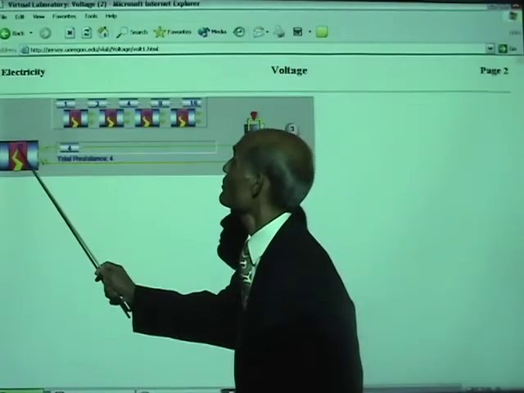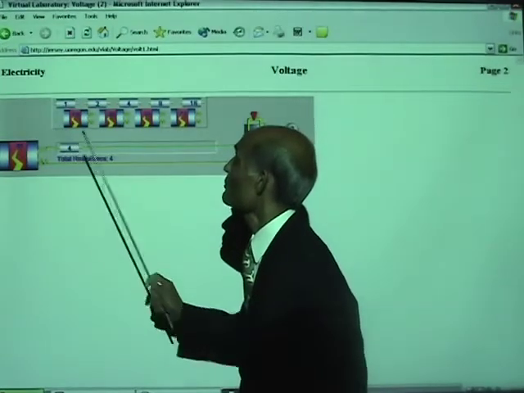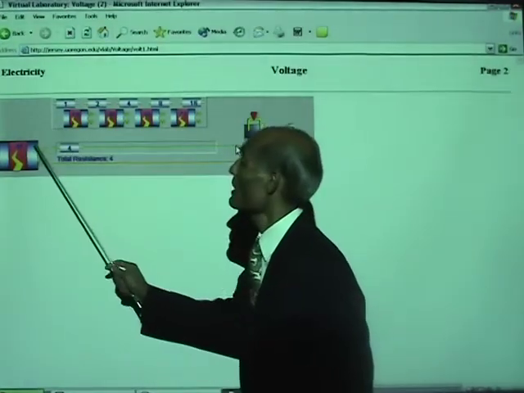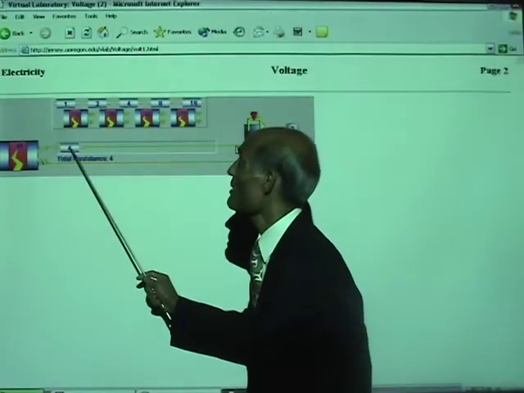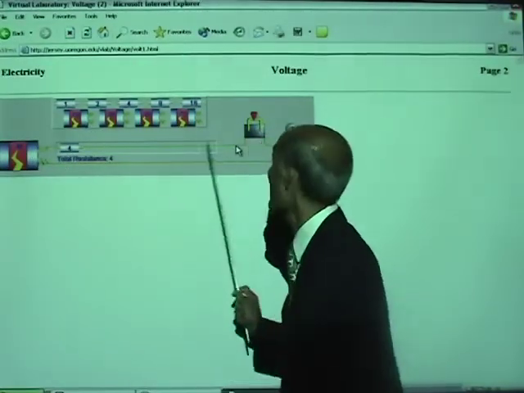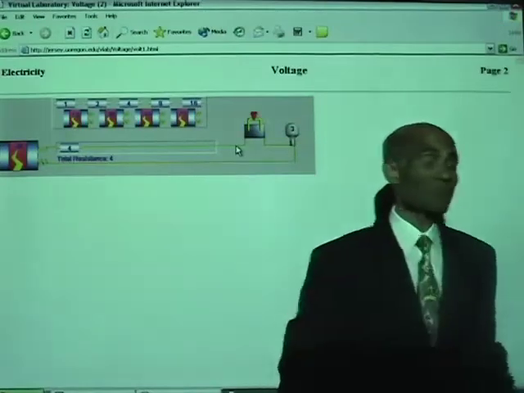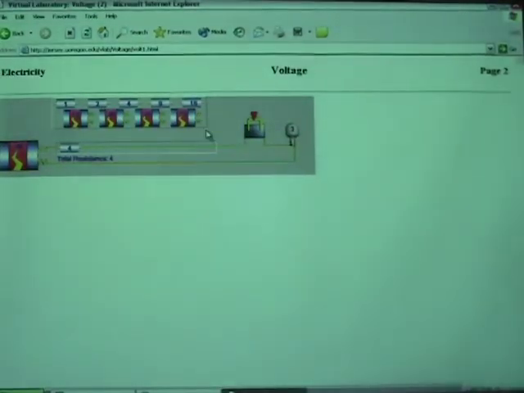The potential difference is 36 volts, the resistance is 4 ohms, the current will be 36 divided by 4, 9 ampere. Will the bulb take that much current? See what happens, there you are, the bulb is gone.